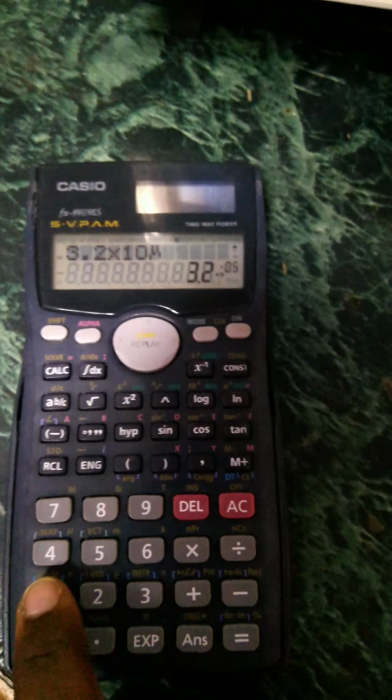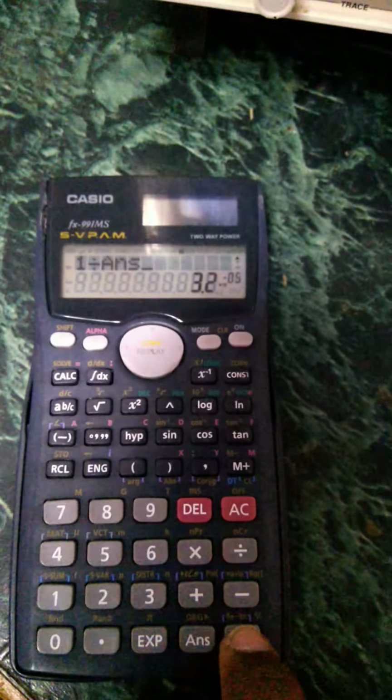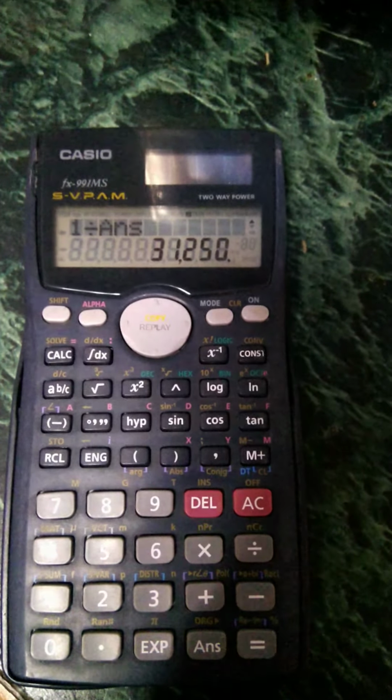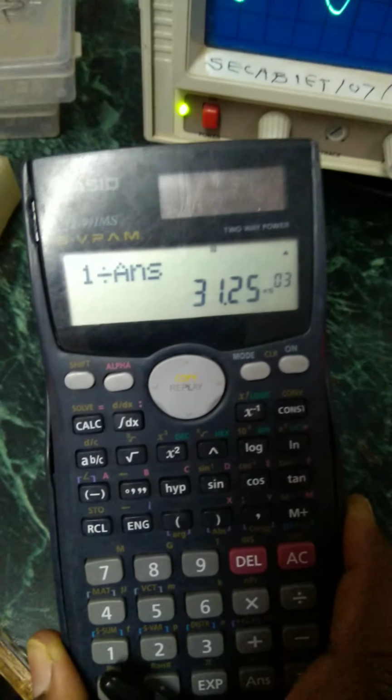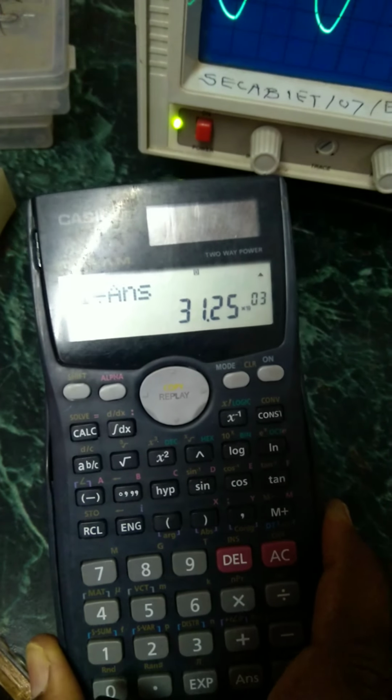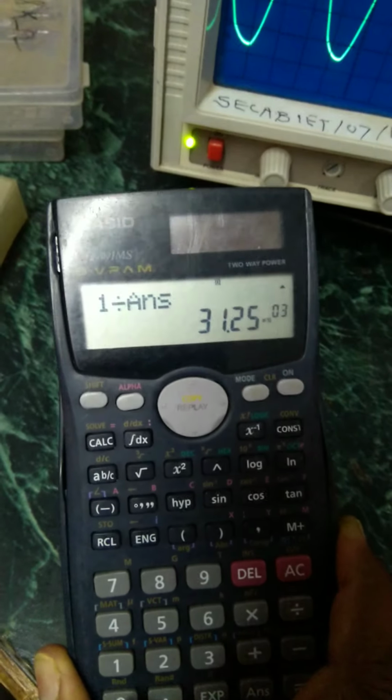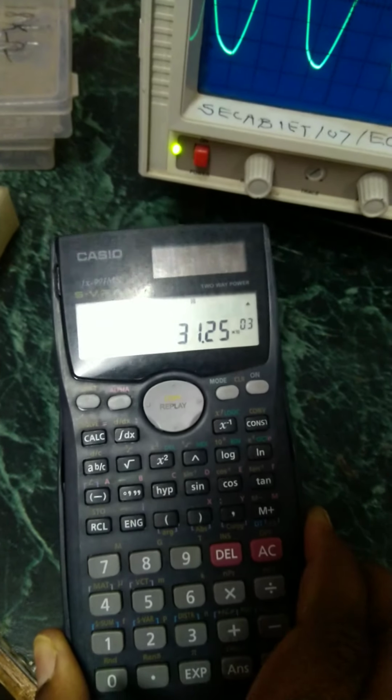That will give you T, that is the time period. 1 divided by time is your frequency. If you do that, you'll get the frequency, and over here I am getting a frequency of 31.25 kilohertz. That is the output frequency that I am getting out of this Colpitts oscillator.